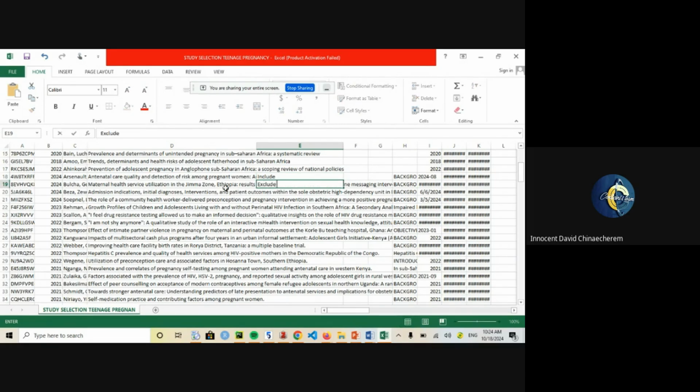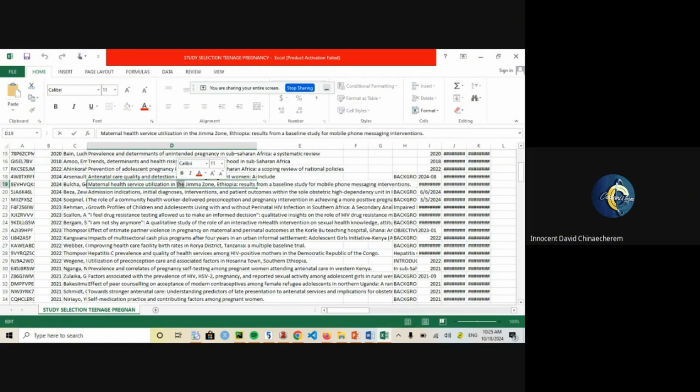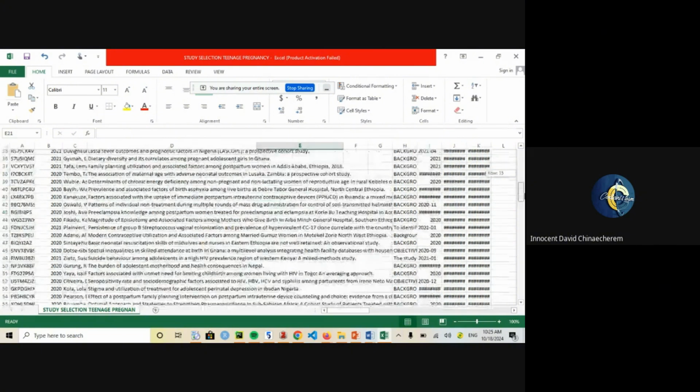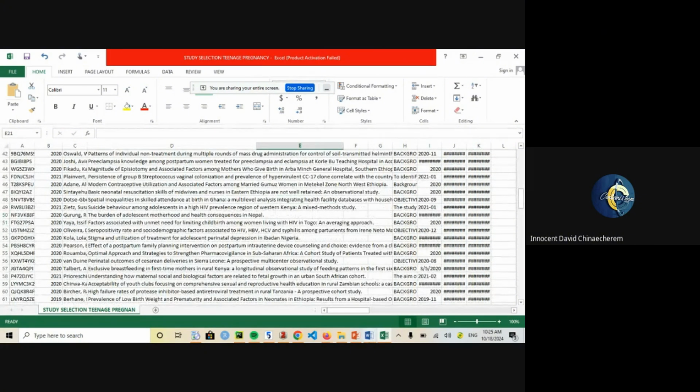Maybe we will make all these decisions pending when we've reviewed the title. Like this one is talking about mobile messages, and we're not interested in this, so we're going to exclude, right? So for all the titles that we are going to include, we will now have to go down by viewing the abstracts to check if the abstracts contain the necessary information that we're interested in.